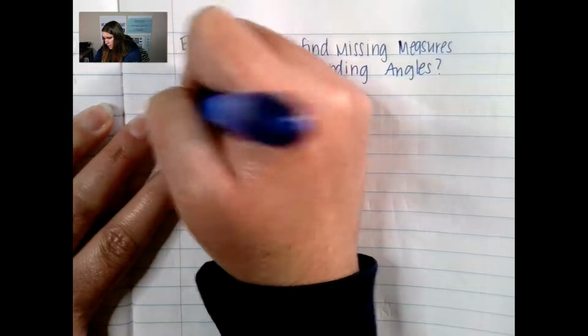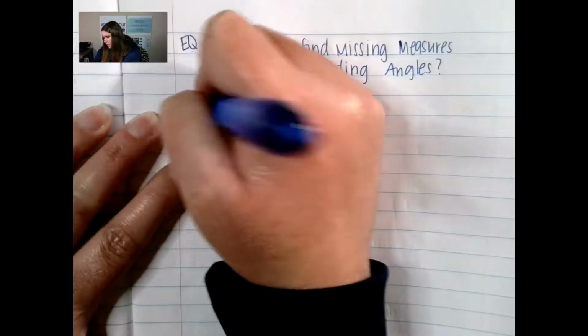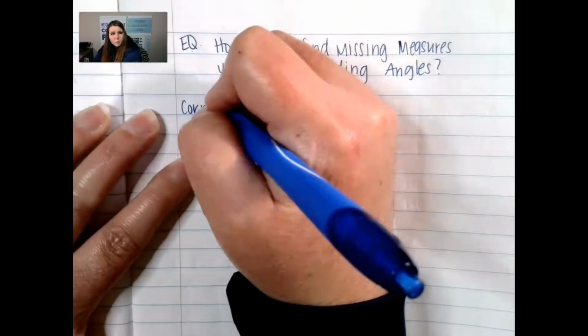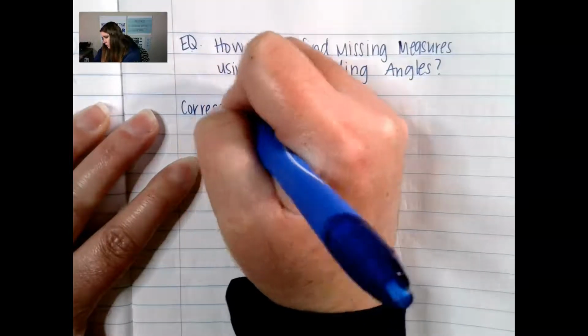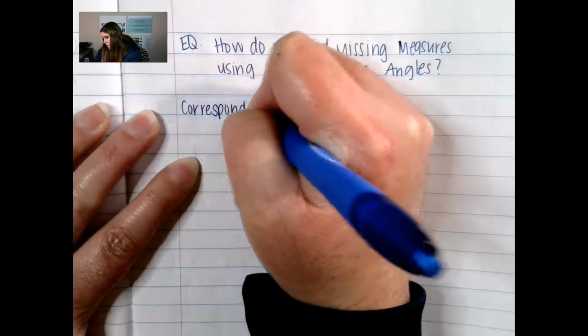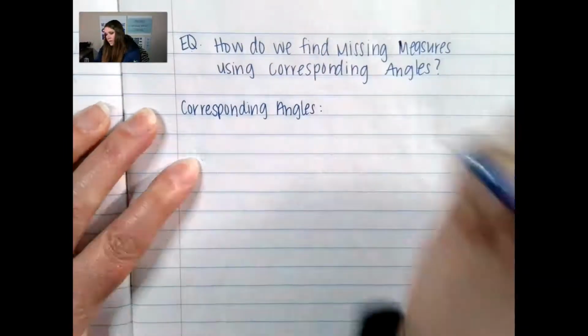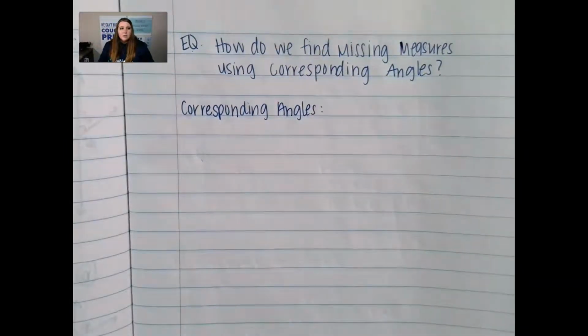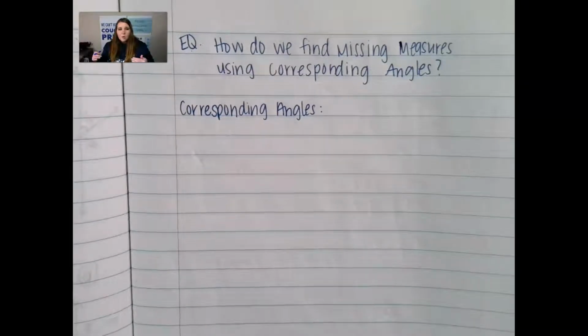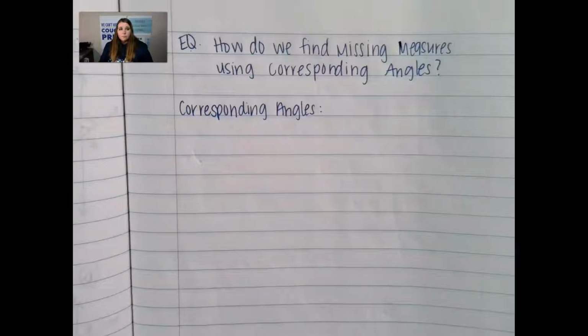And we're going to draw a picture here too to help us. So corresponding angles is the word that we are chatting about. Corresponding angles happen when you have two parallel lines that are cut by a transversal.